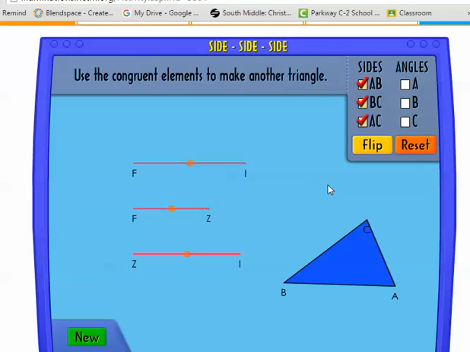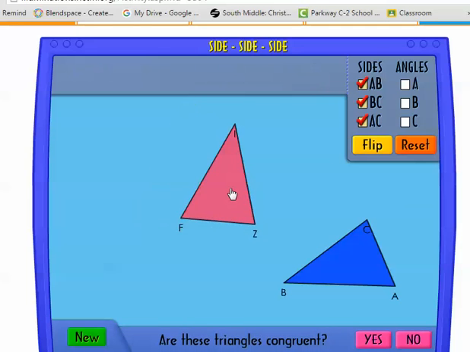So now we're going to take those exact same 3 segment measurements and try to construct a different triangle, one that is not congruent to triangle ABC. So we're going to connect the points again. And we can flip this, we can rotate.